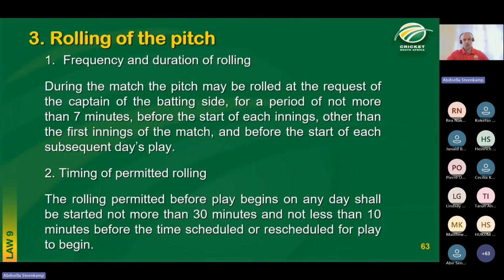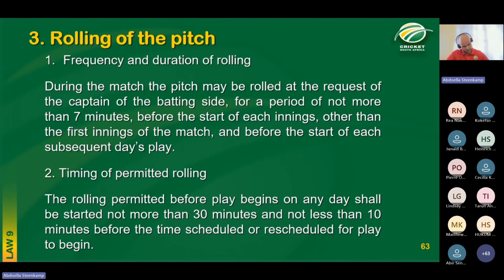Let's use a practical example to show you how it works in a test match. On the morning of day 2, play starts at 10 o'clock. Umpires and players are usually there 2 hours before, so at 8 o'clock we're there already. The fourth umpire will go to the captain of the side that's batting that morning. Let's say South Africa is batting on the morning of day 2. The fourth umpire will ask the captain of South Africa: Captain, do you want rolling this morning?